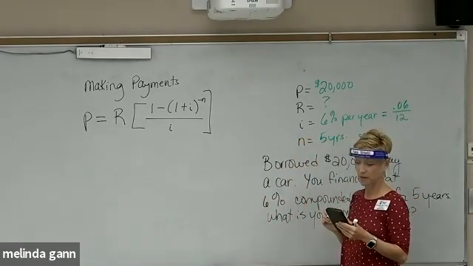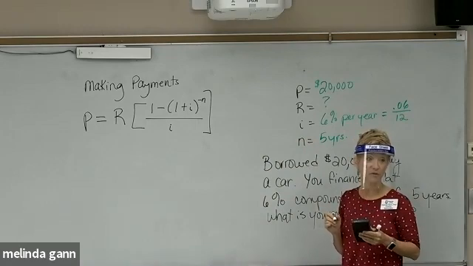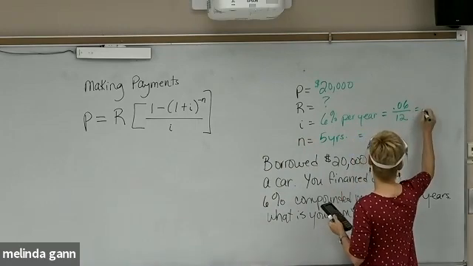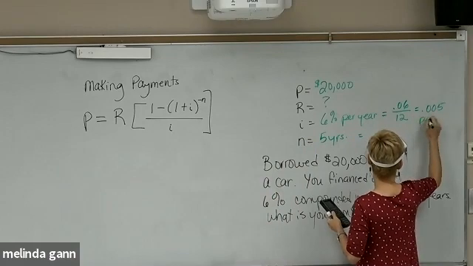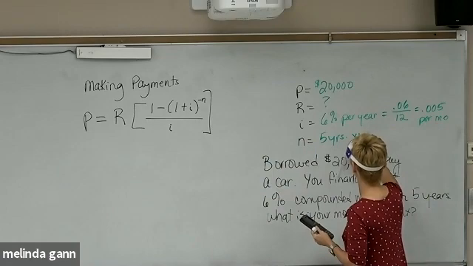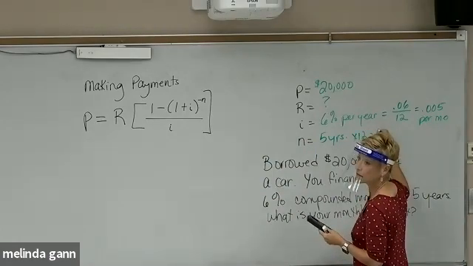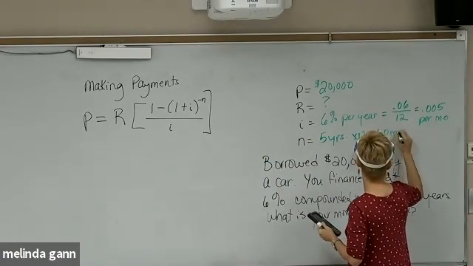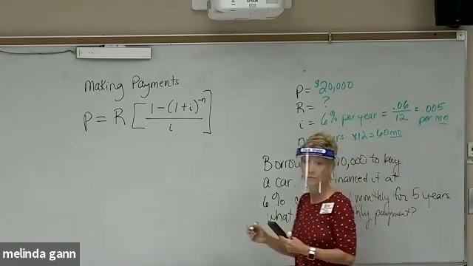Did you get 0.06 divided by 12 to be 0.005? Is that what y'all got? So 0.005 per month. And then 5 years, did you multiply by 12? How many months did y'all get? 60. So do we agree on our month things?